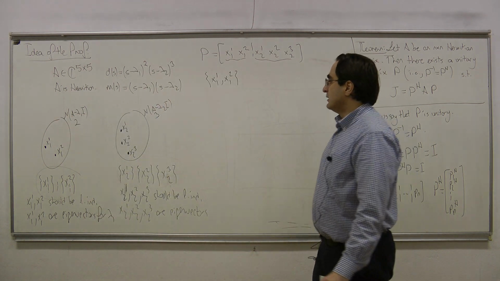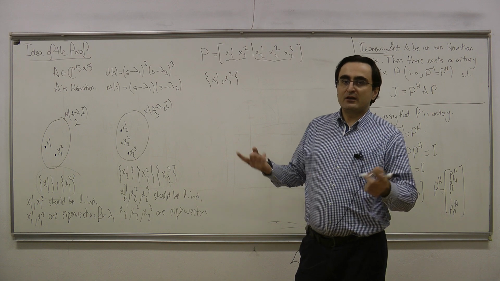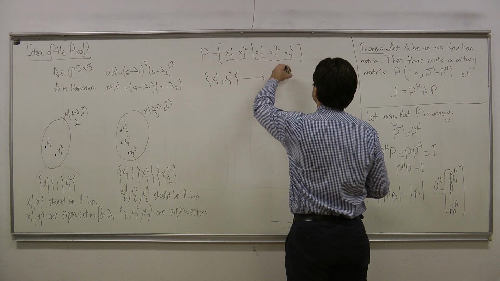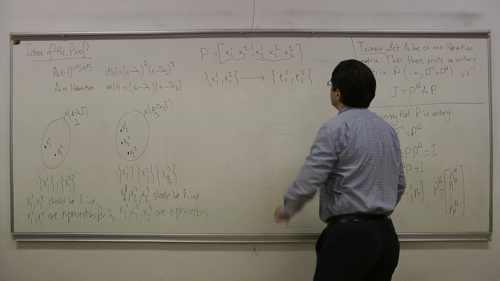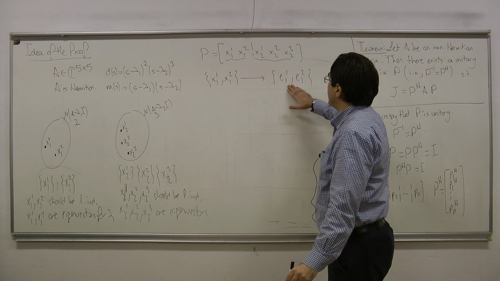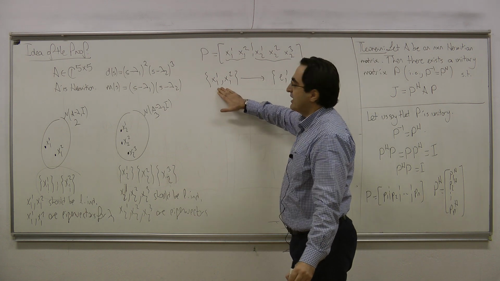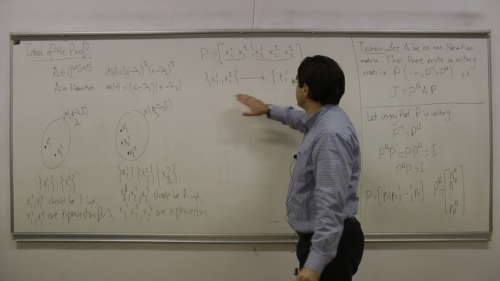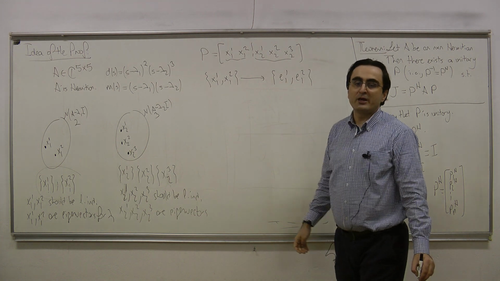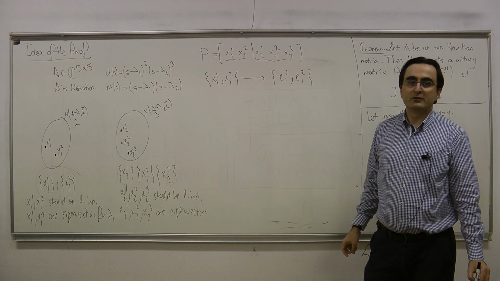Okay? Can I find another set, E11, E12, such that the span of this set of vectors would be the same as the span of these two vectors, but I want these two vectors to be orthonormal.